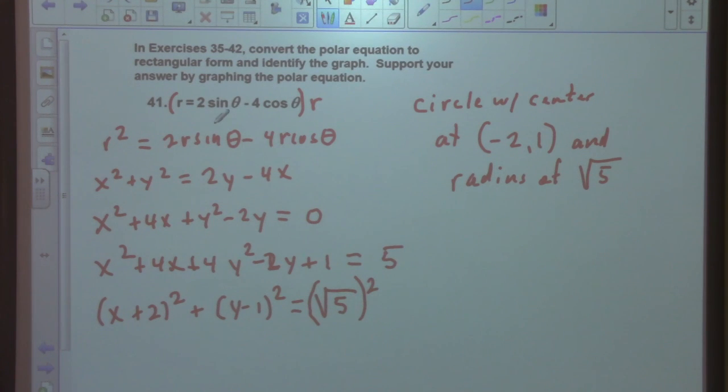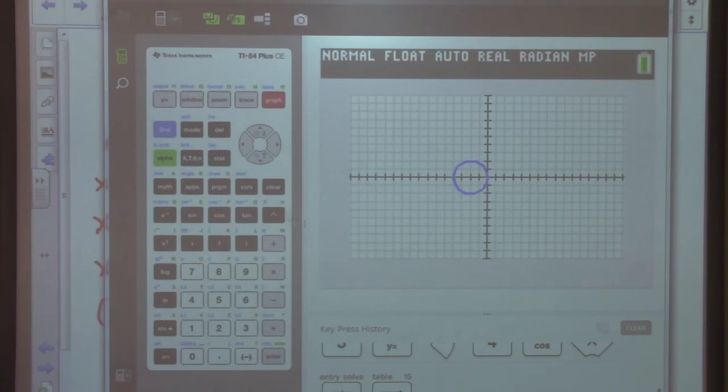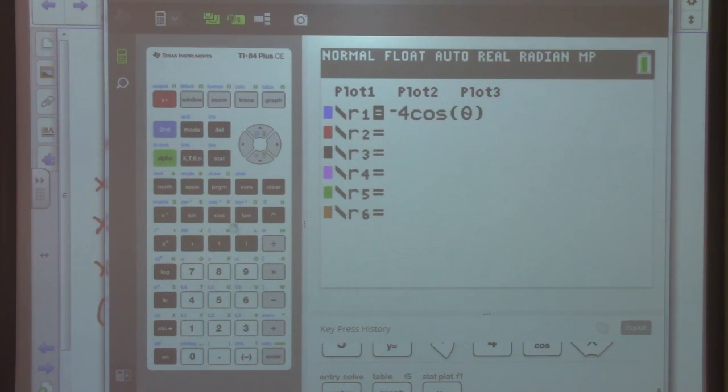And so we can just put this in the calculator to check if that's right. It should be. So 2 sine theta minus 4 cosine theta. I already have minus 4 cosine theta, so I'm just going to add 2 sine theta, right? And just see what we get.